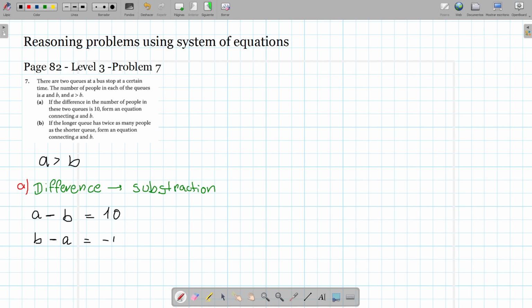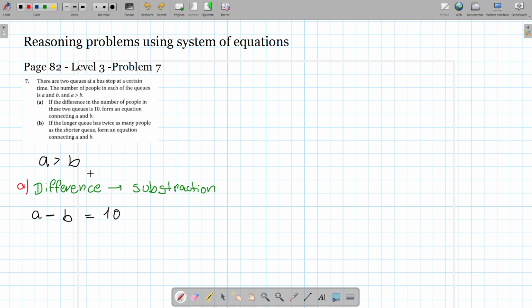The result is going to be negative, and it doesn't make sense to talk about minus 10 people. So remember, if this one is bigger, this one will go first. This one is smaller, it will go after the subtraction sign.